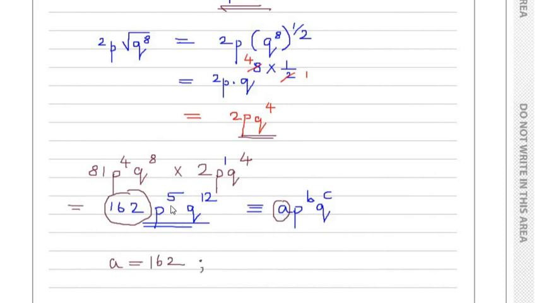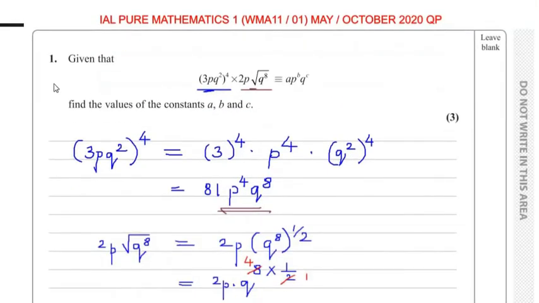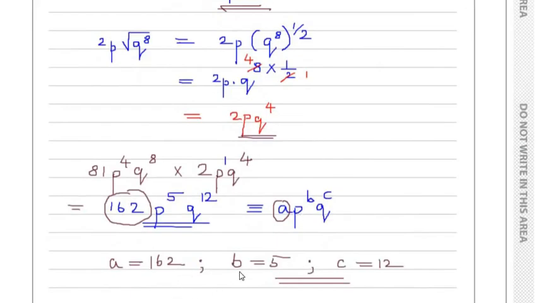In place of b we have 5, so b is 5. And finally for q, in place of c we have 12, so c is equal to 12. So this is the answer for the given question: we have got the values of the constants a, b and c.